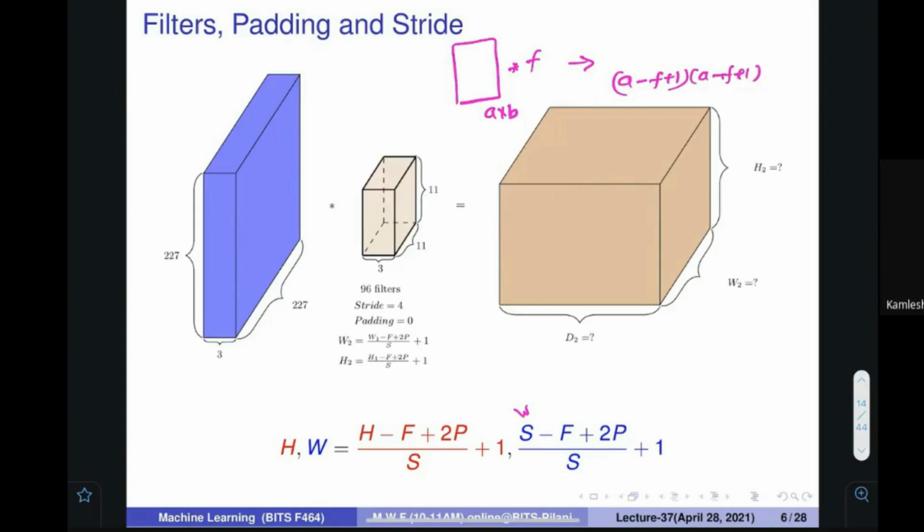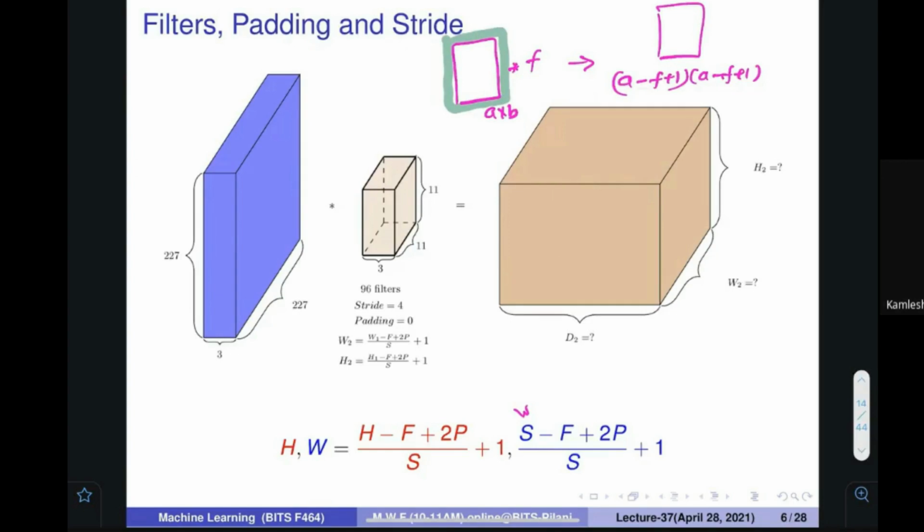This is the size you are going to get. The output is going to be of this particular size, so this size is going to reduce. Sometimes you want that the size should not reduce, so you can put some more pixels over here so that this size becomes correct.